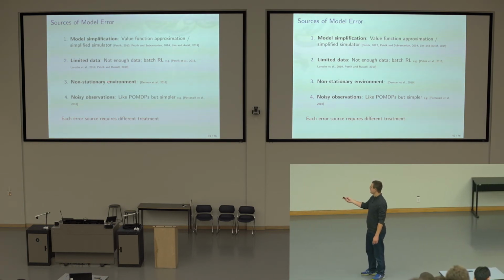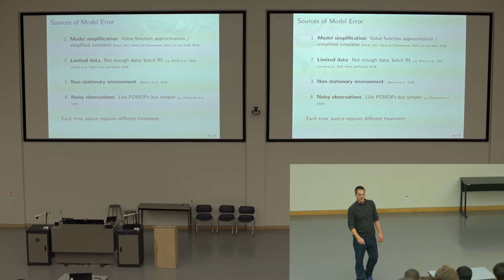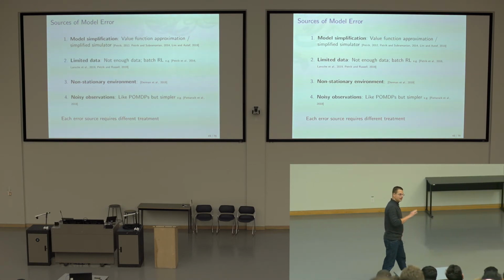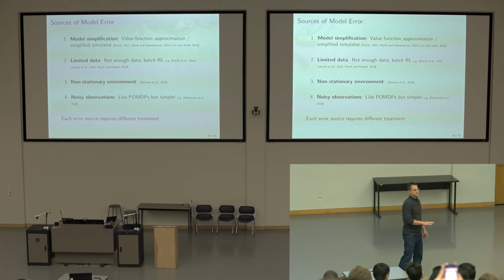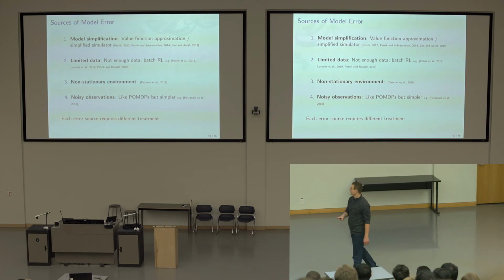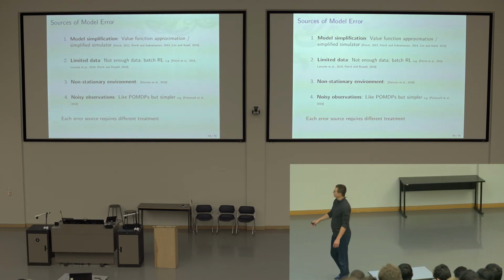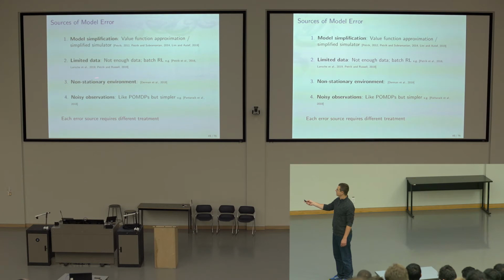And your observation can be noisy. And what I argue is that each one of these sources requires a different treatment. And I don't have the time to cover more than one of them, and I'm going to focus on this problem of your data set being limited.